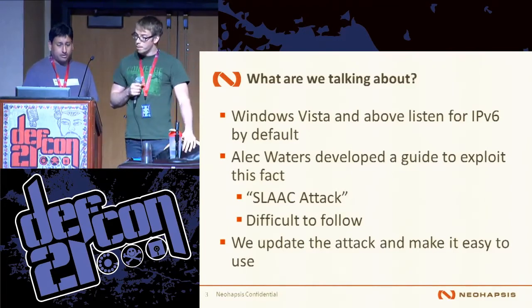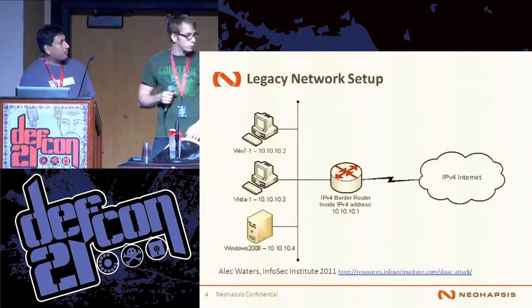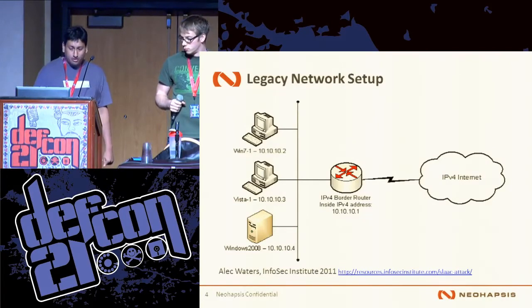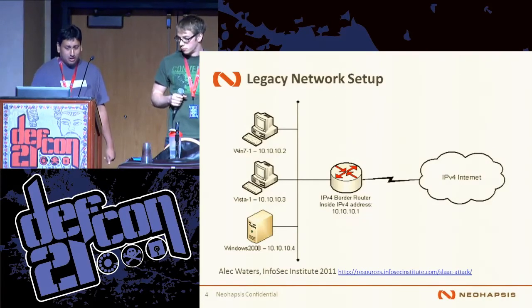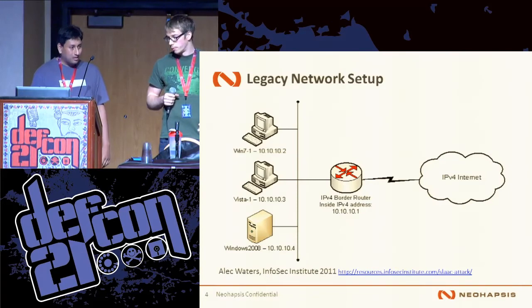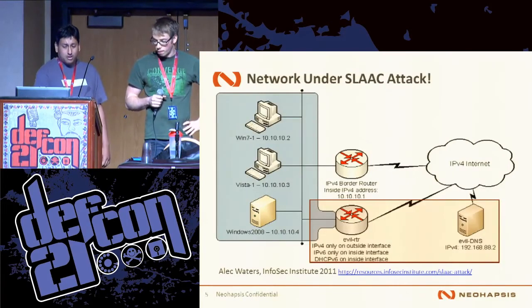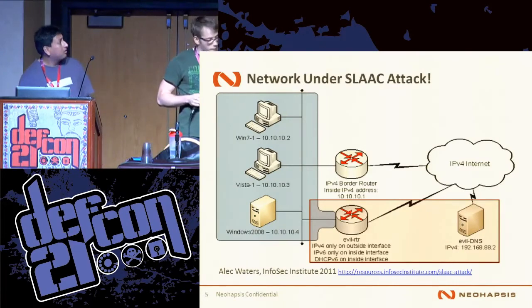And so here we have our plain vanilla legacy network. There's only IP version 4 on this network. There's a router that has DHCP and DNS, and there's no IPv6 anywhere. We also have some hosts here: Windows 7, Windows Vista, 2008. What Alec Waters put together was a guide to create our evil router, here in red.